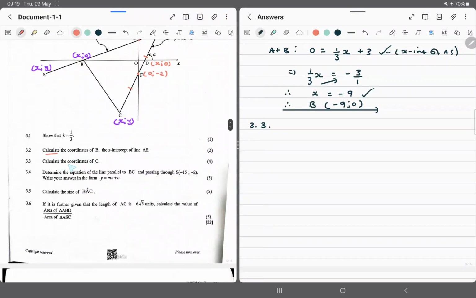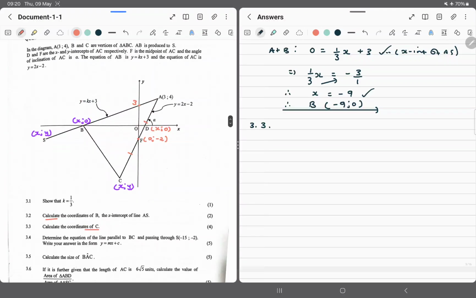Now we need to calculate the coordinates of C. We can see that is very easy. But as you can see, these 4 marks, I know that point is like that, but we need to justify that, because the question said calculate. Everything we say, if there is a calculation to be shown, we need to show it. So we'll start here and say F is such that y is equal to 2 into 0 minus 2. Why is that?